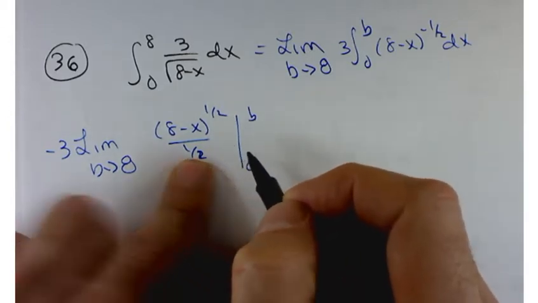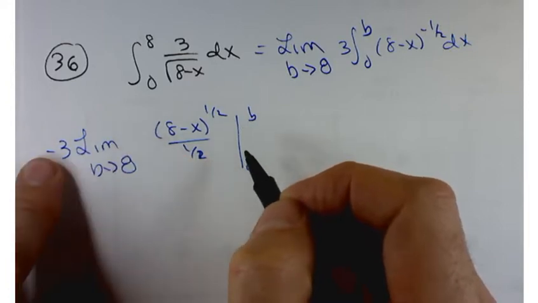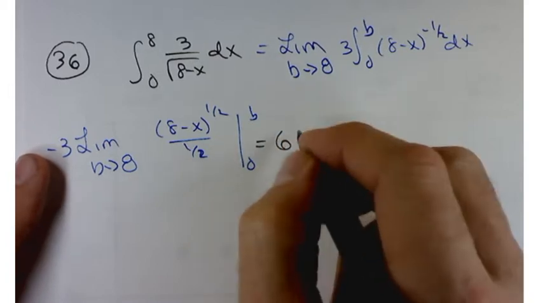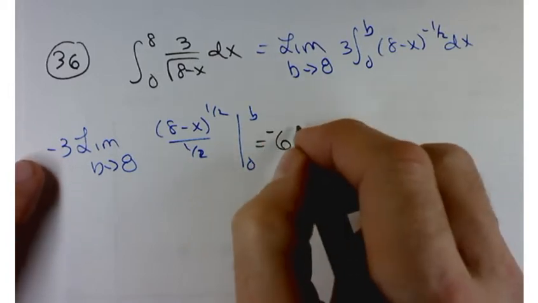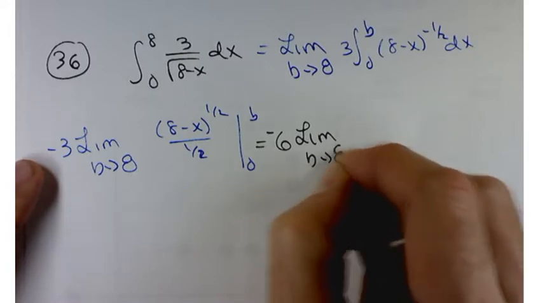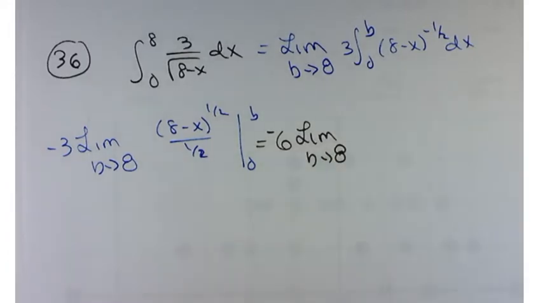Dividing by 1/2 is the same thing as multiplying by 2. So that's -6 times the limit as b approaches infinity, or b approaches 8. I'm used to infinity here.